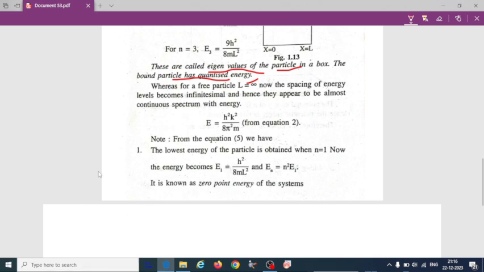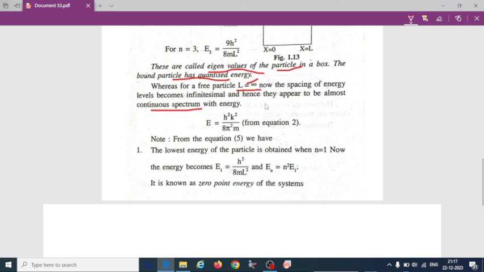Whereas for a free particle, L is equal to infinity. Now the spacing of energy levels becomes infinitesimal and hence they appear to be almost a continuous spectrum. For a free particle, the value of L, the boundary condition, is going to be infinite.